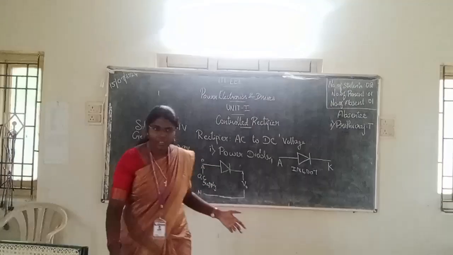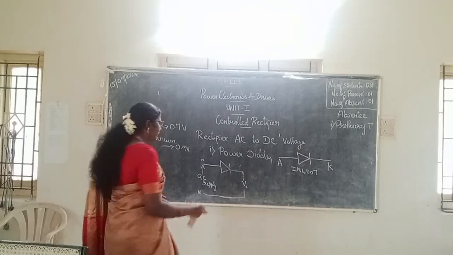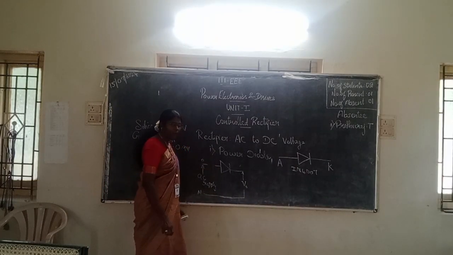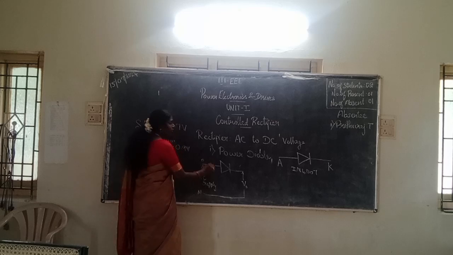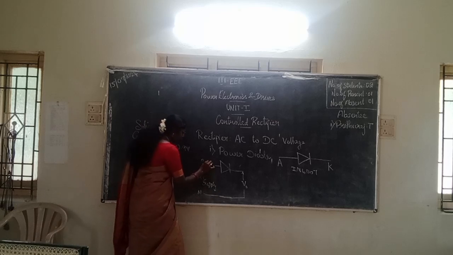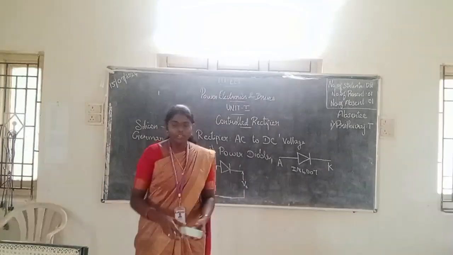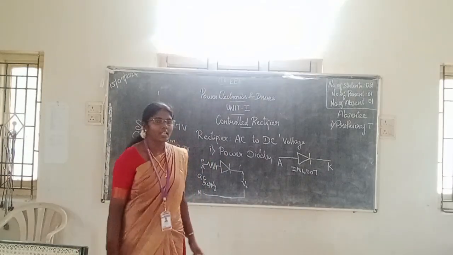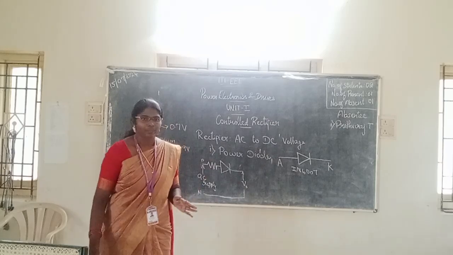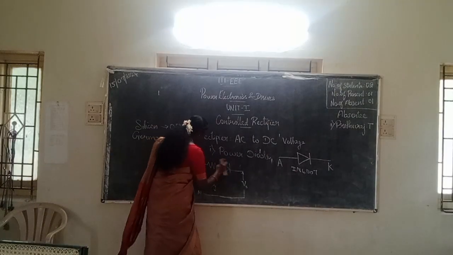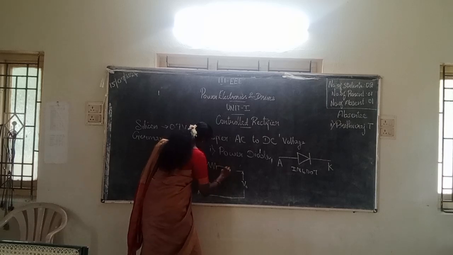So I will connect a resistor to limit the current. If I want to convert this AC to DC, we can connect it this way. Rectifier has two modes of operation.